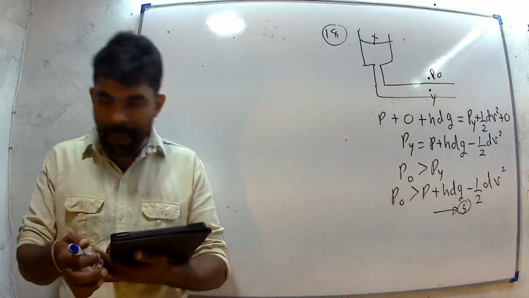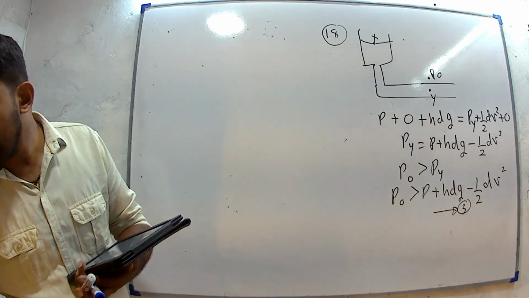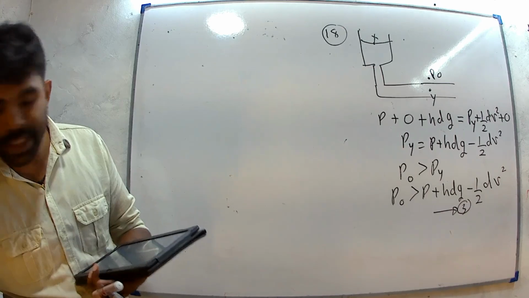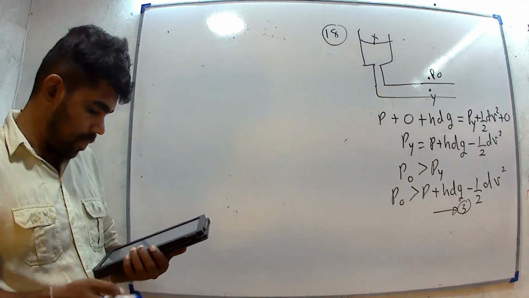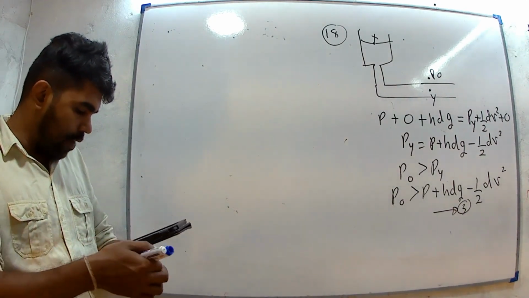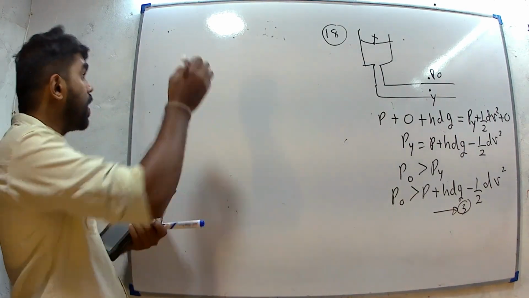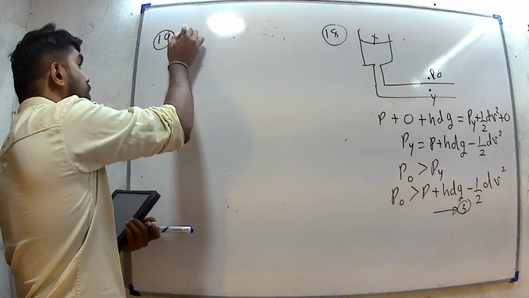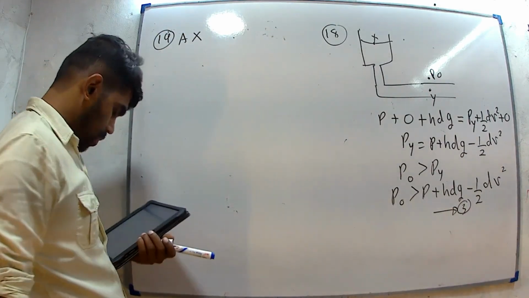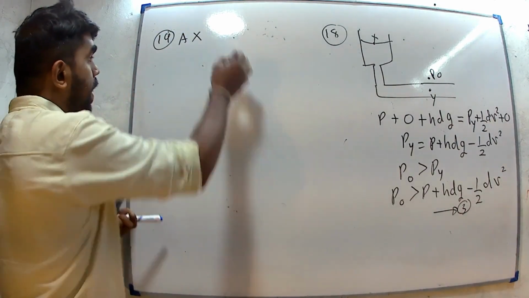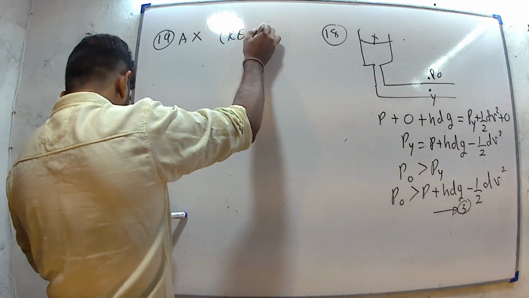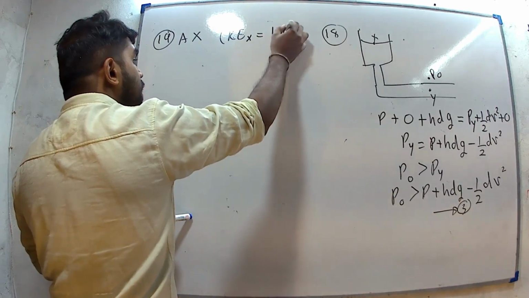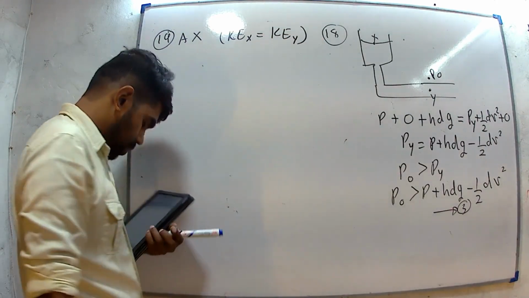But we can't compare kinetic energies for points x and z, they should be the same. So statement A is incorrect, because kinetic energy at x should not equal kinetic energy at point y.